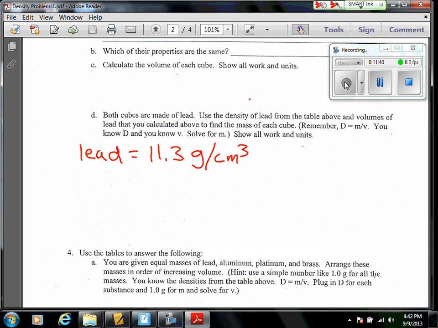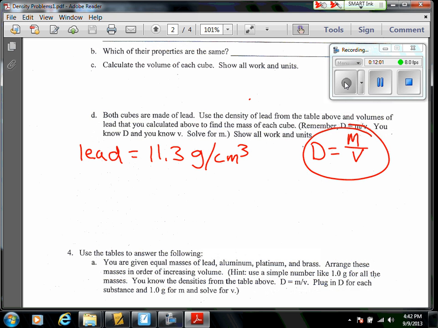Now what they're asking is, what is the mass? We know that density is mass over volume. Now to find the mass, we simply take this algebraic equation and get m by itself.